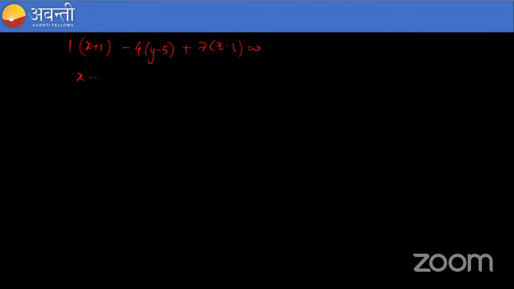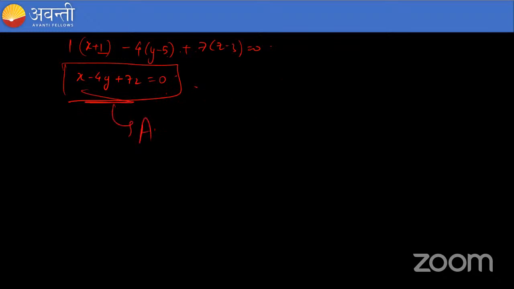So from here you will get x minus 4y plus 7z, with 1 plus 20 minus 21, which will be 0 since this is passing through the origin, right? So this is our answer to the question. Right, guys?